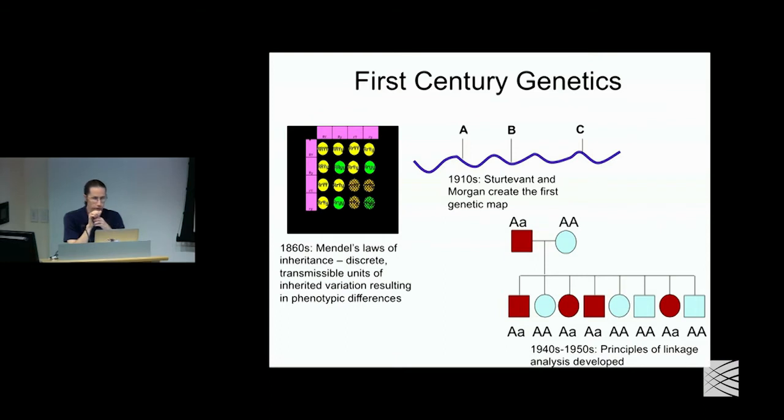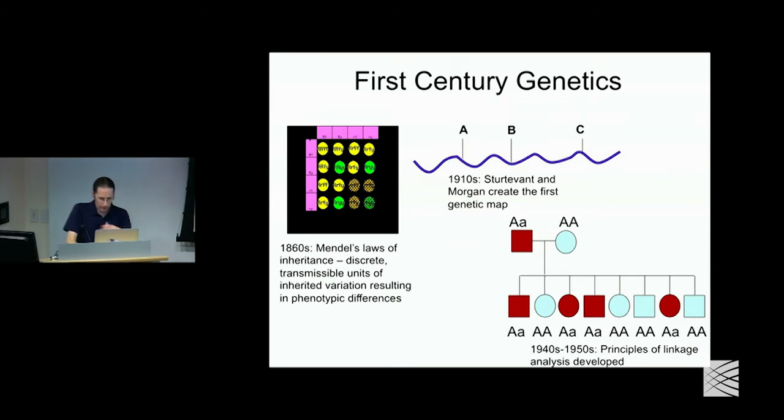Mendel's laws, the first genetic maps constructed based on the relationships of phenotypes and how they are transmitted from generation to generation in flies originally, and the principles by which inheritance and linkage analysis work were all developed in a 100-year period that was far in advance of our ability to molecularly study and understand DNA.